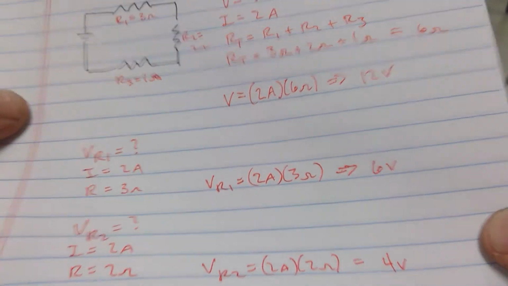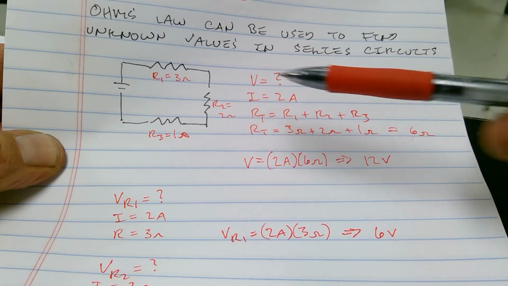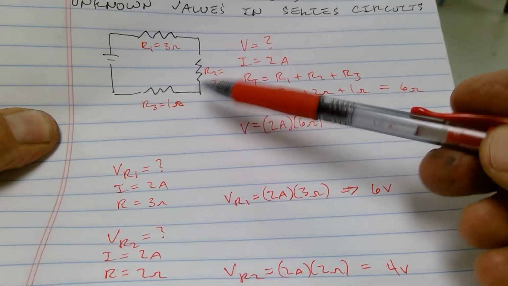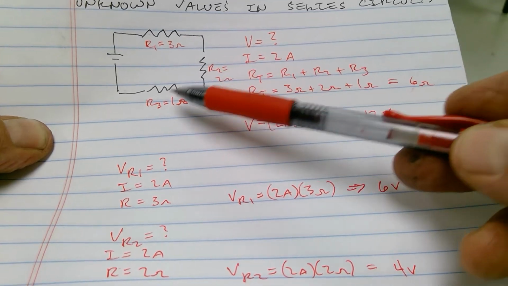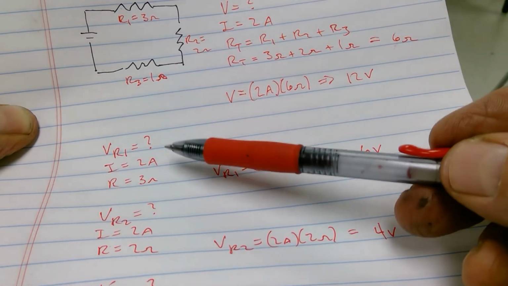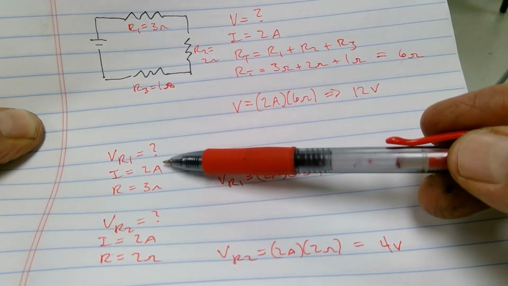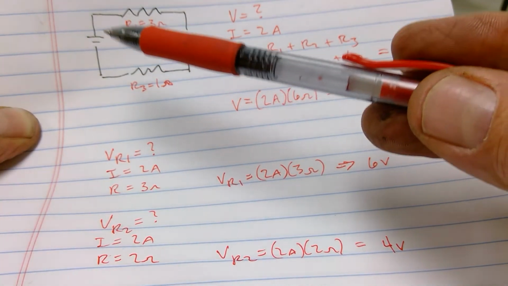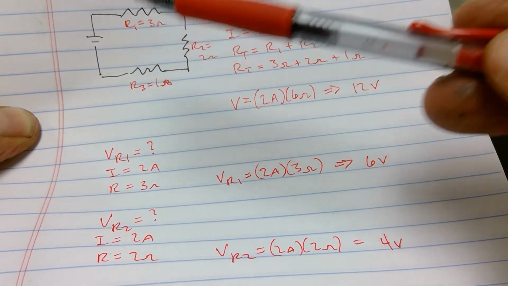So here we are, and we'd already calculated that the voltage in this circuit is 12 volts. But if I wanted to know the voltage each load is using based on these resistance values, then I would calculate VR1, which is voltage across R1, is 2 amps, because remember, it's 2 amps everywhere in a series circuit. In a series circuit, amperage doesn't change.